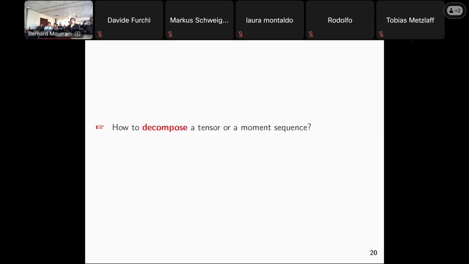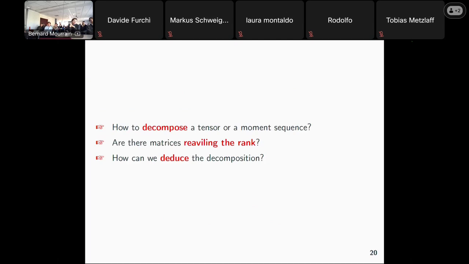Okay. Now the question is how we decompose a tensor or a moment sequence. In fact, what we would like is to have matrices which can reveal the rank of the tensor decomposition, and also a way to deduce the decomposition from this matrix associated to a tensor or a moment sequence.